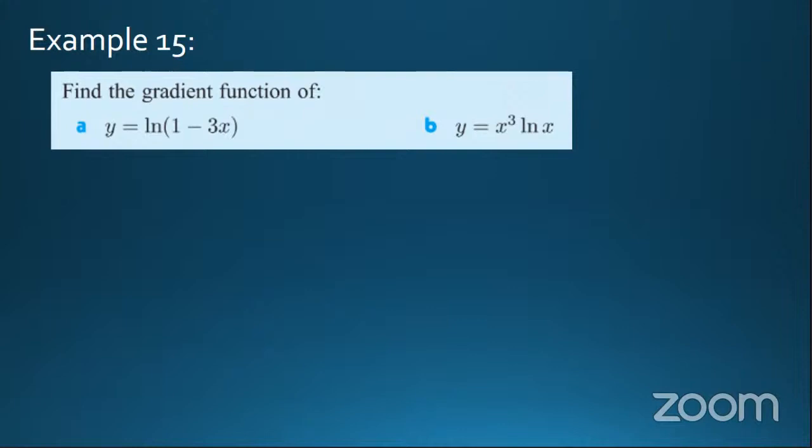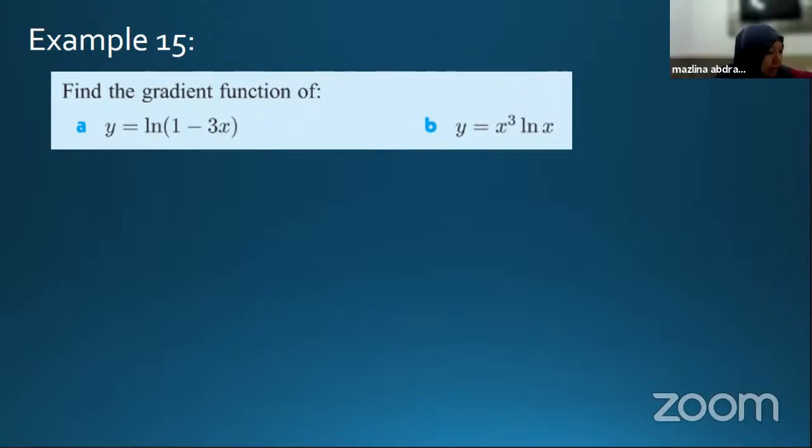Teacher, is the answer for A, dy/dx, the gradient, equal to negative 3 over 1 minus 3x? Okay, all right, fine.